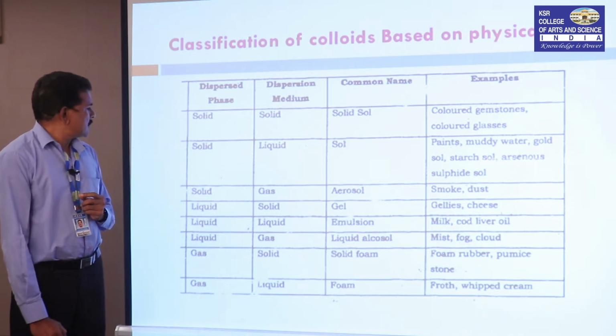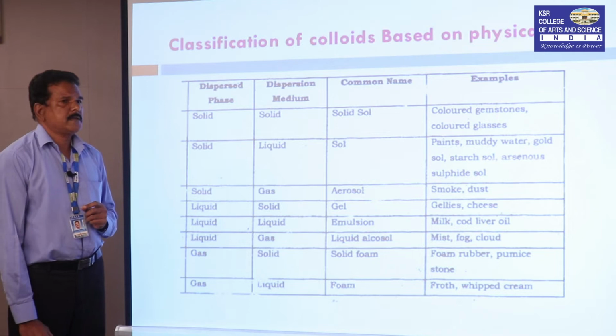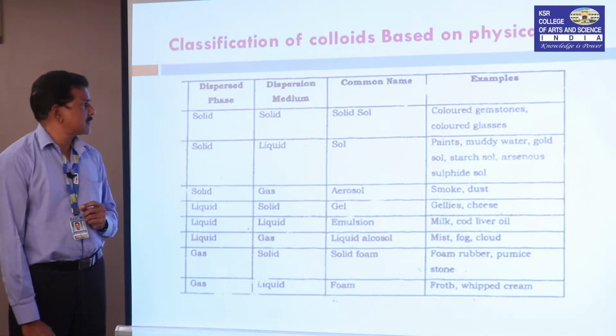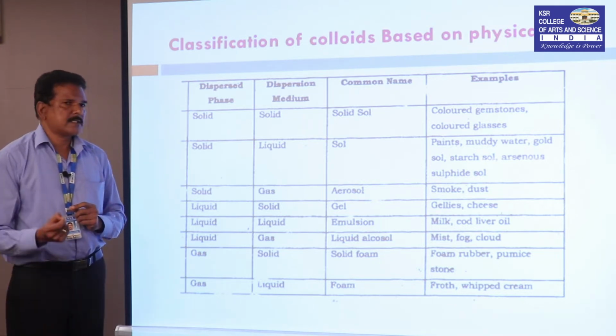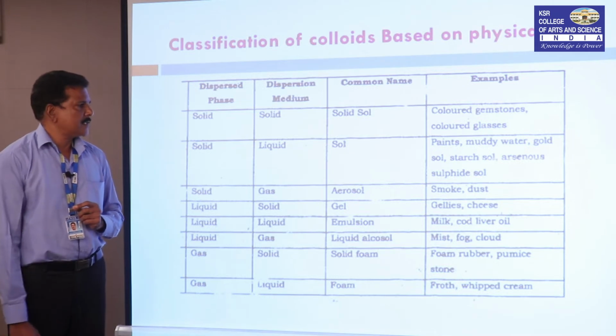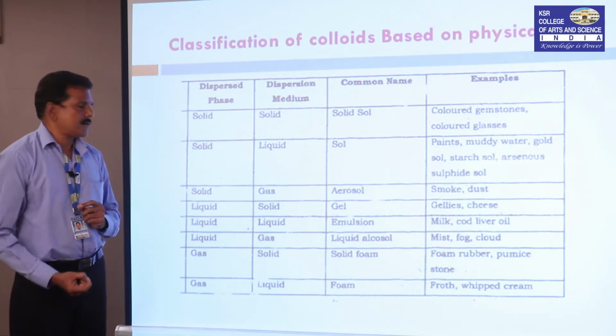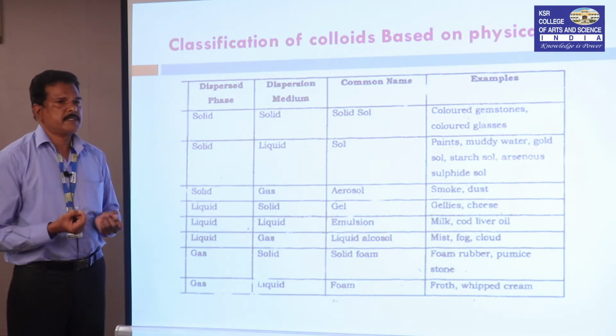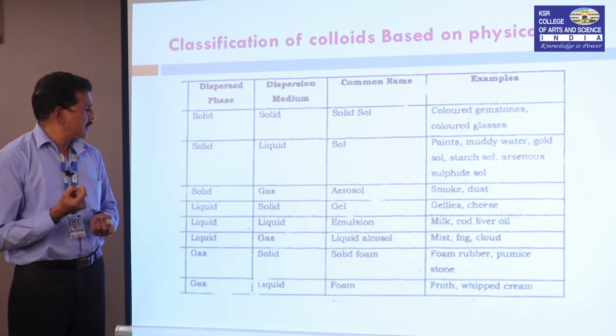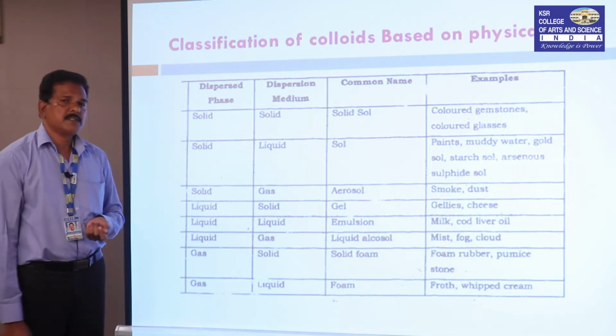Then if the dispersed phase is solid and the dispersion medium is gas, the common colloidal system name is aerosol. We can say smoke and dust as examples. Then liquid and solid. If the liquid is the dispersed phase and the dispersion medium is solid, we can say gel.